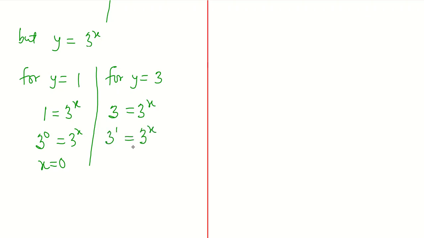So now that the bases are the same, we can say x is equal to 1. So that becomes the value of x. Therefore, x is equal to 0 or x is equal to 1. We are not interested in finding the value of y. So that's very simple. Now let's try the next one to gain deeper understanding as well.